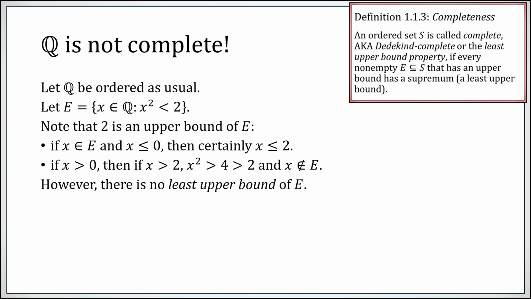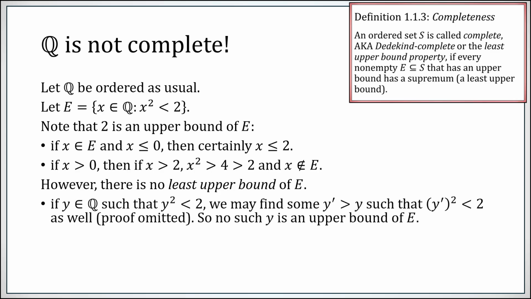So sure, anything that is an upper bound would be less than 2, but it would also be less than 1.9, and it would also be less than 1.5, but not necessarily less than 1.4. So suppose you have a rational number whose square is less than 2. It is always possible to find a larger rational number whose square is still less than 2. We're not going to work through the proof of this.